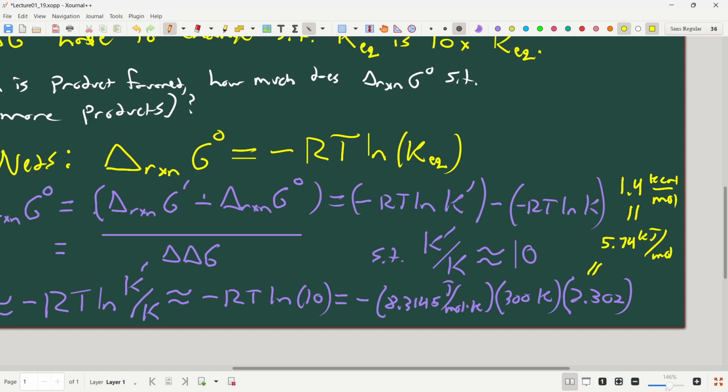So keep that in mind in the future, that to get a factor of 10 change in equilibrium at room temperature, we only need to jiggle the energy by a small amount, by 5 or 6 kilojoules per mole. So that's why he said it was about 1.4, because that's exactly what this comes out to.